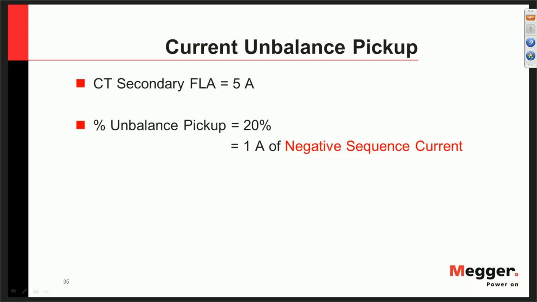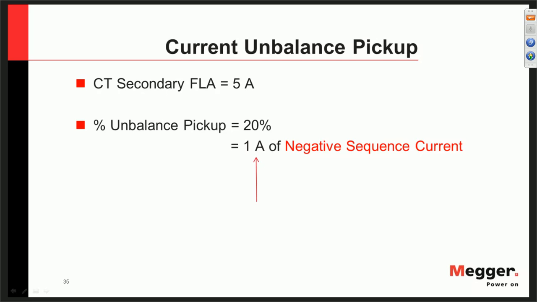As I again said, it's not related to my phase currents. It is related to my negative sequence current. So if you take 20% of 5 amps, the full load amps, you will get 1 amp of negative sequence current. So I'm saying the negative sequence current is my unbalance, to make it more clear.